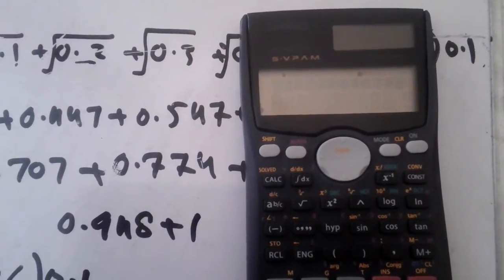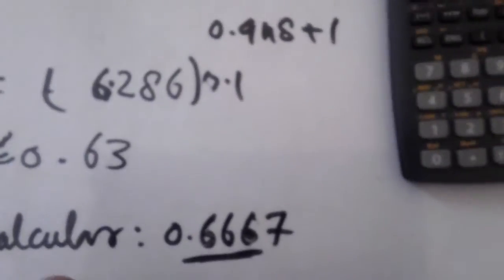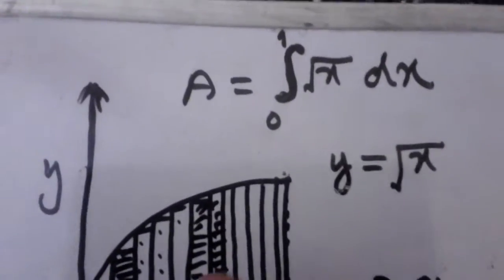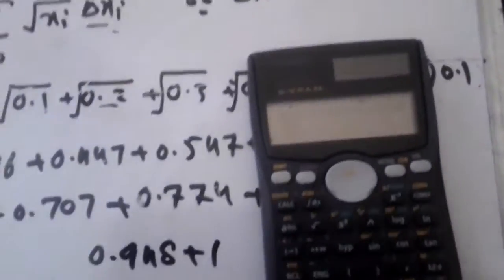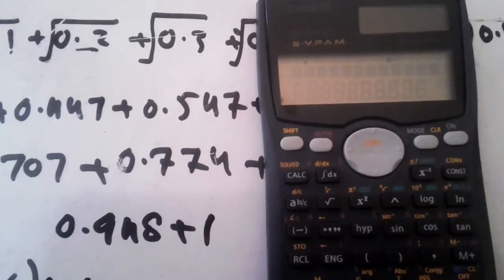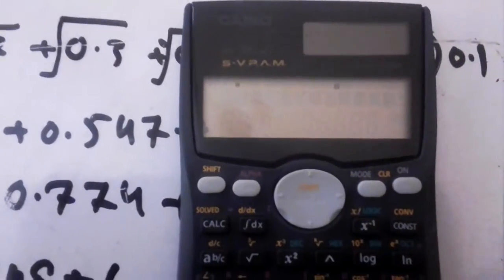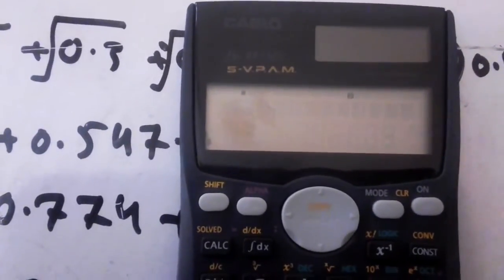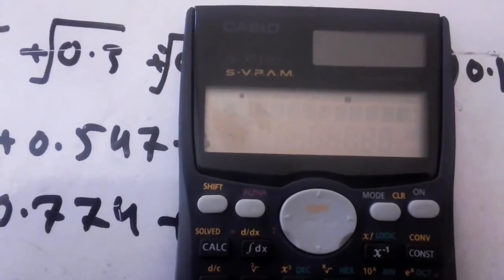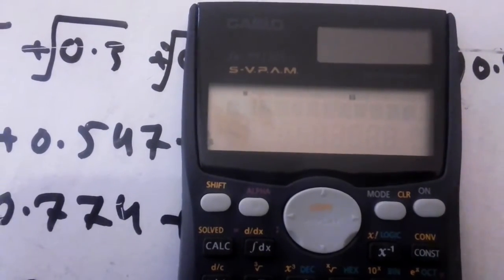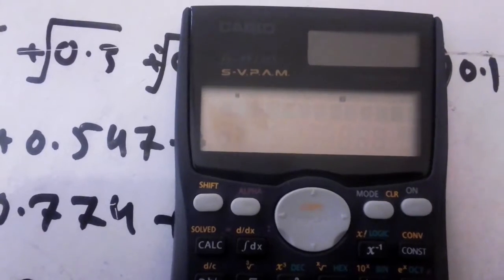So it takes about 8 minutes. After completing the 8 minutes we will get the answer 0.667 for the integration of this problem. So wait in order to get the result. After pausing the video, I again start the video. After completing 5 minutes, we have to wait another 3 minutes.